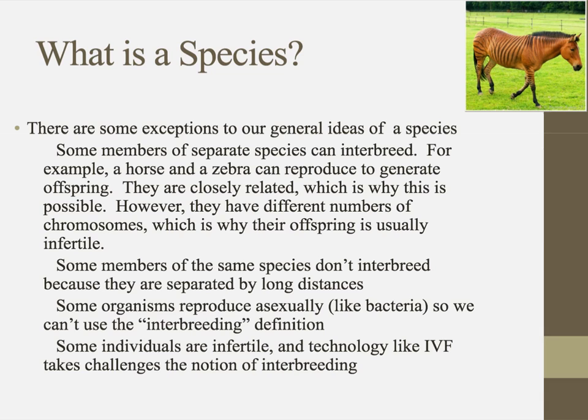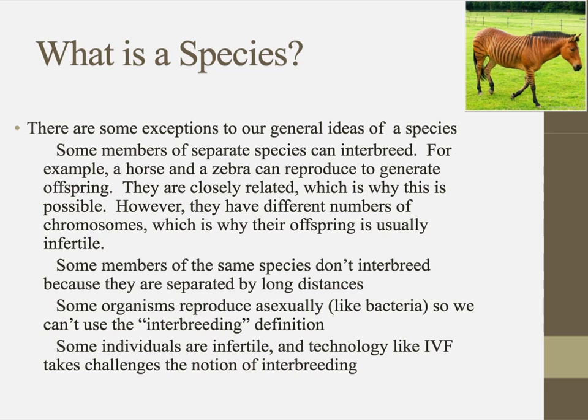There are some members of separate species that can interbreed. For example, I can make a zorse. They're kind of ugly. I wouldn't do that. But you can make a zorse by mating a zebra and a horse together. So why aren't zebras and horses considered the same species? Well, because zorses, their babies, aren't fertile. They can't produce offspring of their own. This is a really rare phenomenon.